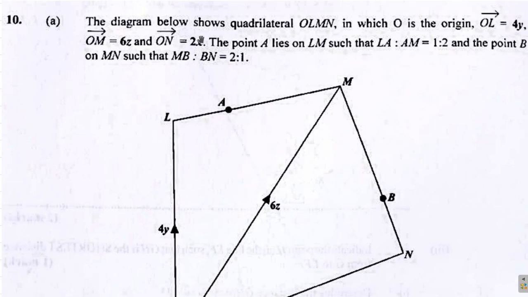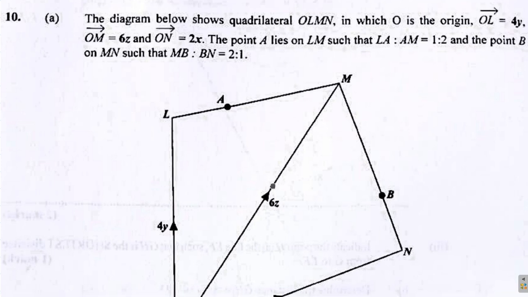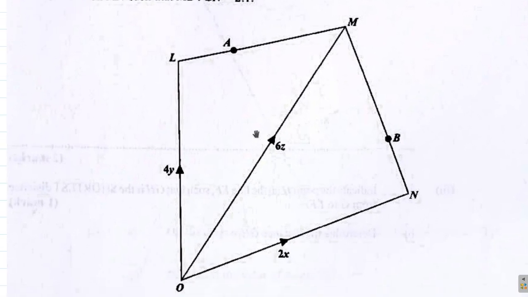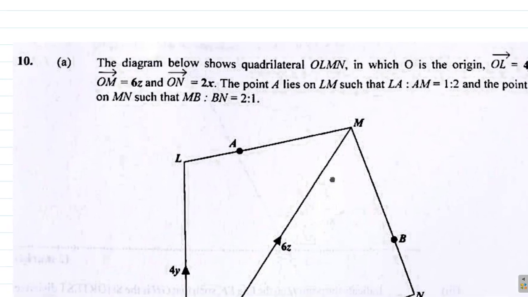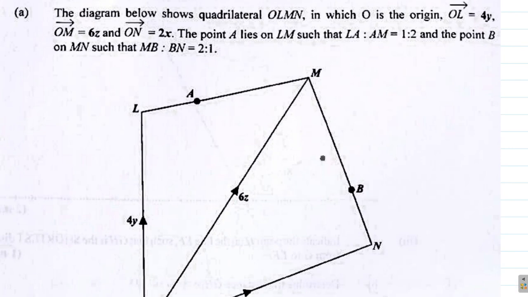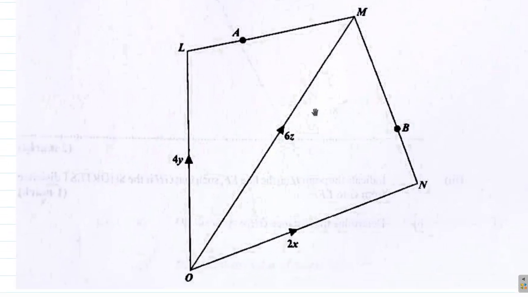The diagram below shows a quadrilateral OLMN, and then to close it, you go back to O, in which O is the origin.